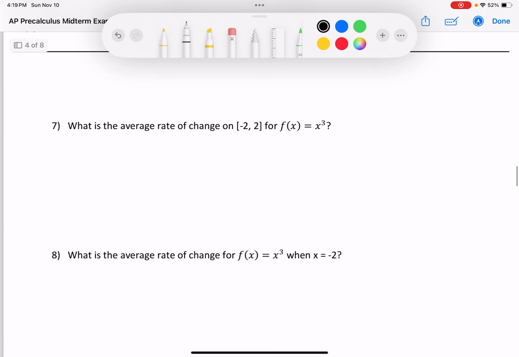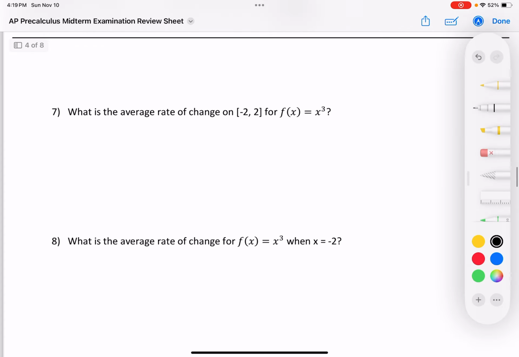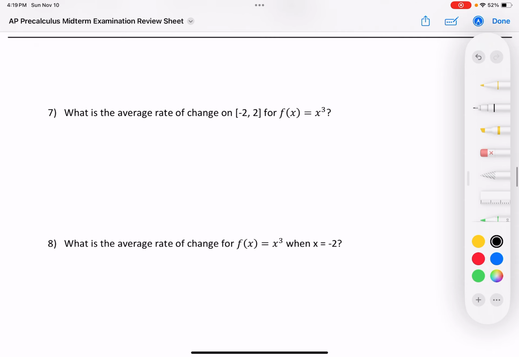I'm going to write the average rate of change formula down. The average rate of change is the slope of a secant line, the slope of 2 points on any function. We can find that by using the formula f of b minus f of a divided by b minus a.